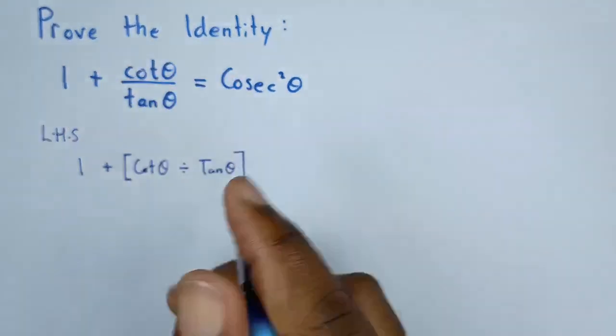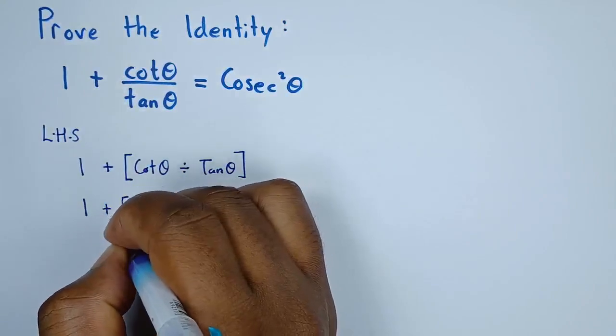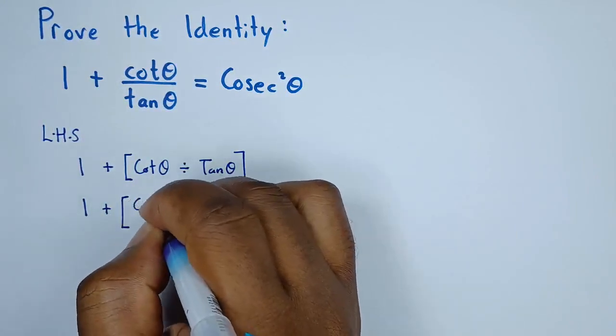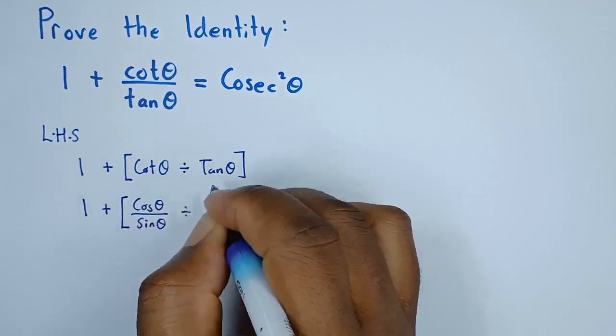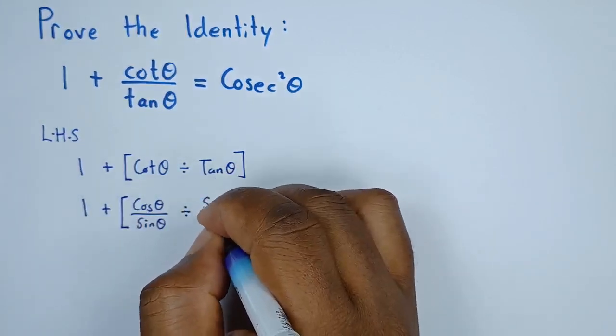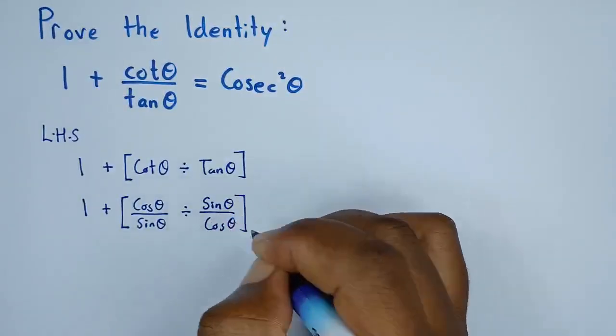Now we know that cot is the same as cos over sine, and tan is the same as sine over cos.